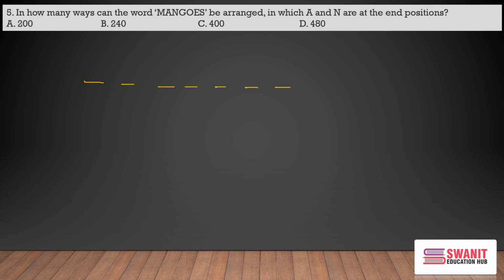Now the question is that A and N should occupy the end positions, which means definitely the first and the last place will be filled by A and N. And there are 5 letters left, which means this position can be filled in any of the 5 possible ways, the other place in 4, 3, 2, and 1, which means to fill these 5 positions, I have 5 factorial ways, which means 5 into 4 into 3 into 2 into 1.